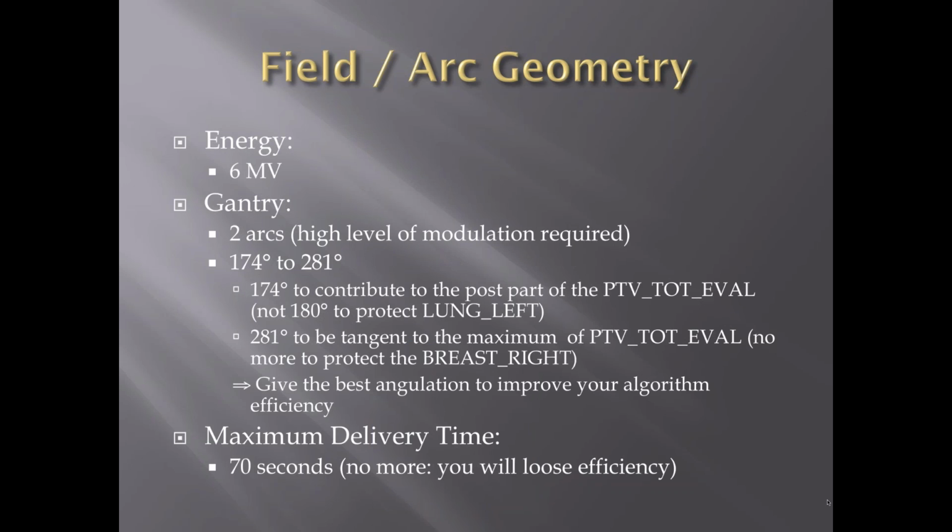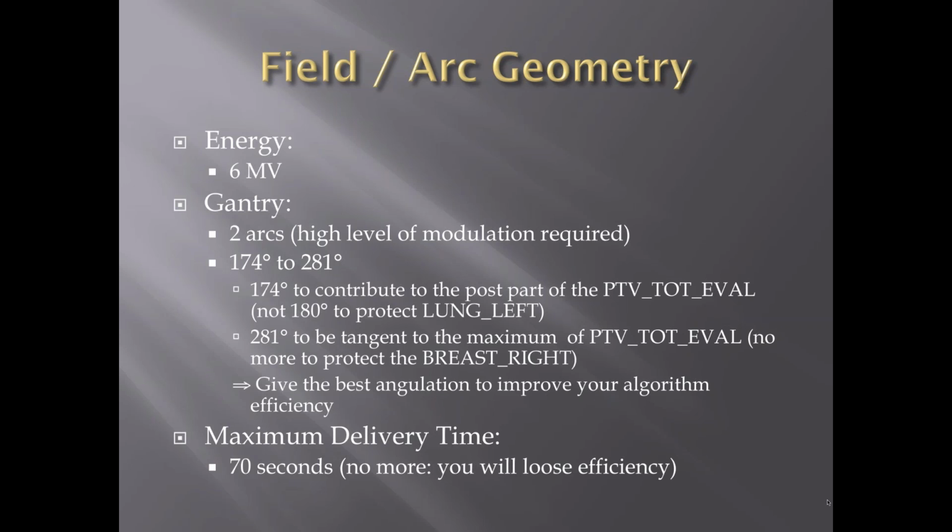These arcs start at 174 degrees to avoid the left lung and to contribute to the posterior part of the PTV total volume. And it finishes at 281 degrees to be tangent to the PTV total volume and to avoid the right breast. So it's very important to give the best angulation to your arcs to improve your algorithm efficiency.